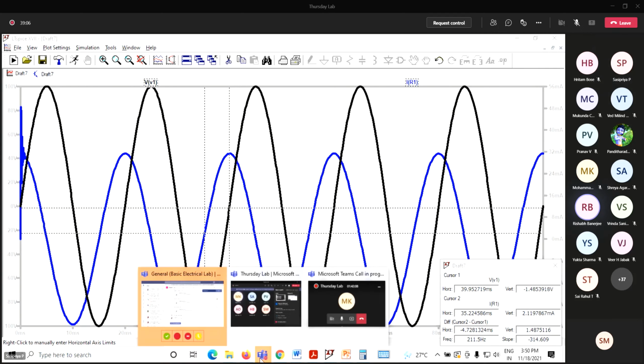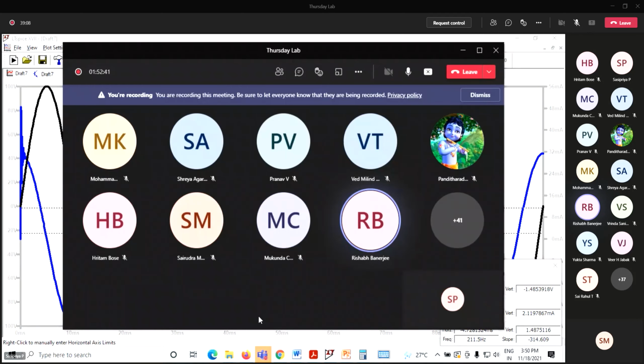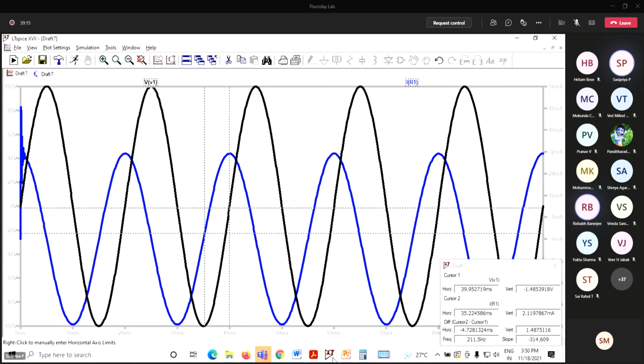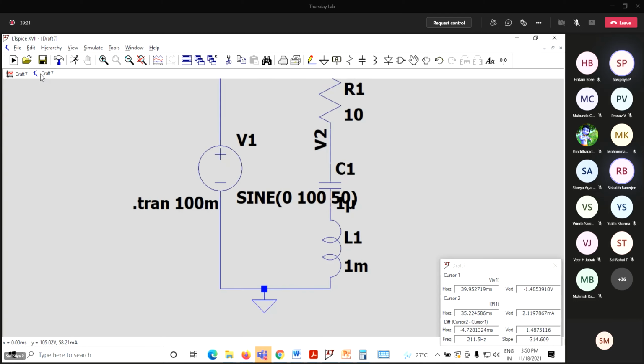In LTspice, the current through the voltage source was out of phase with respect to the other elements. But in reality, is it the same case, or is the current in phase with all the other circuit elements? You're asking about the current through the voltage source. As per the theory, this is a series RLC circuit.